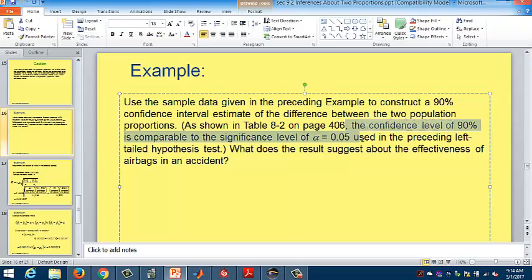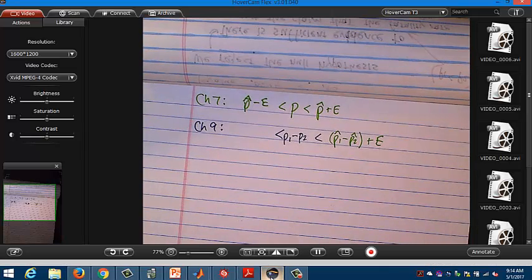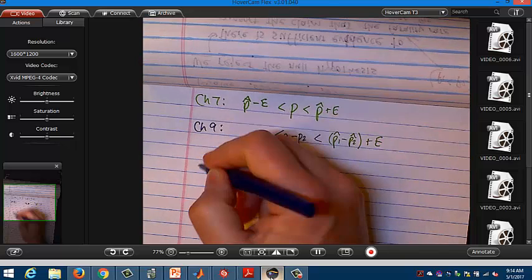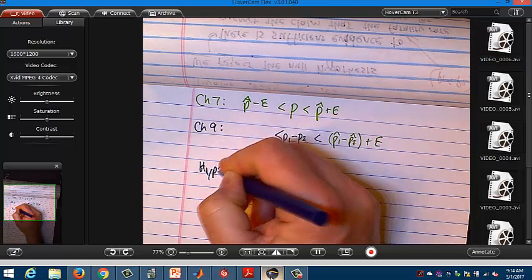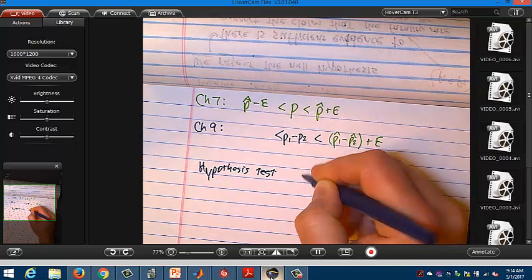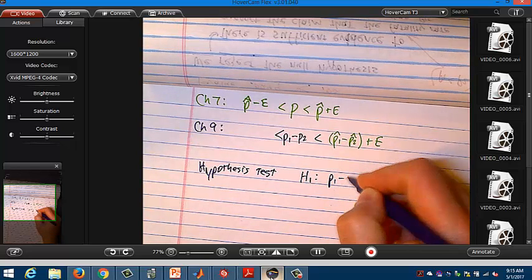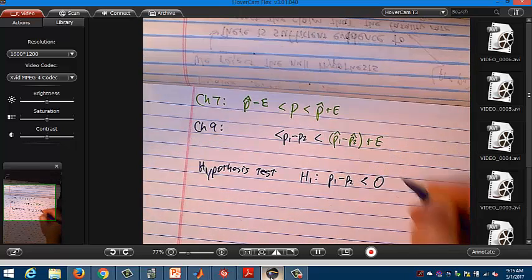Why is that? I need a picture to show you. When we did the hypothesis test, I remember H1, the alternative claim was that P1 minus P2 is less than 0, right?